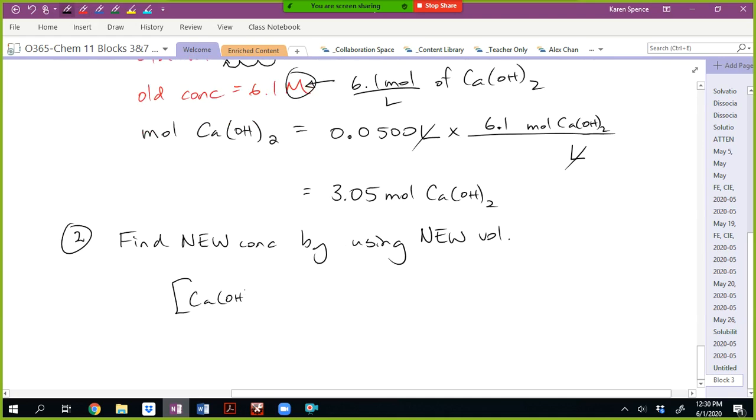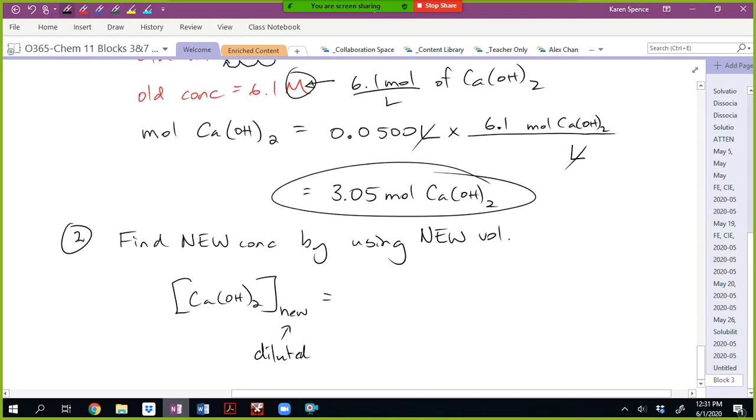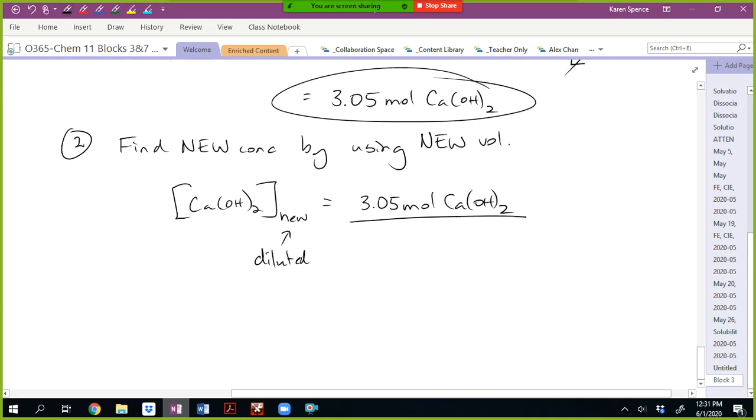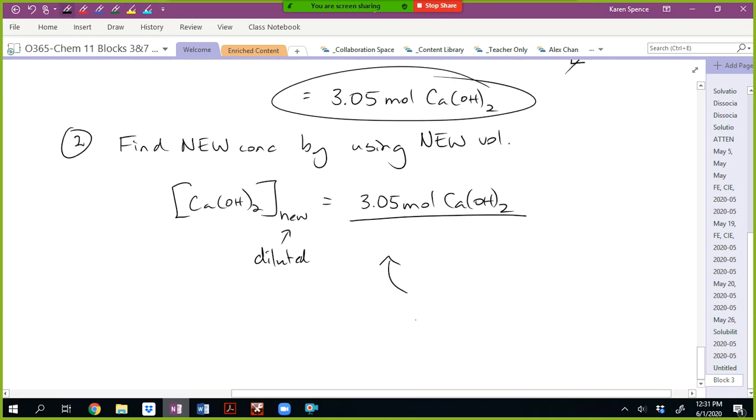So here we go, concentration of calcium hydroxide, new, that's our diluted concentration, is equal to 0.305 moles calcium hydroxide divided by, we're going to use our new volume here, moles over liters.